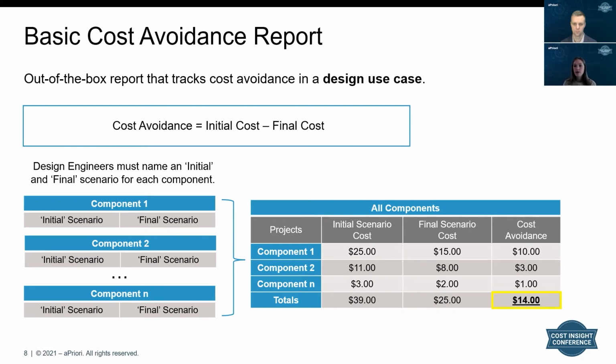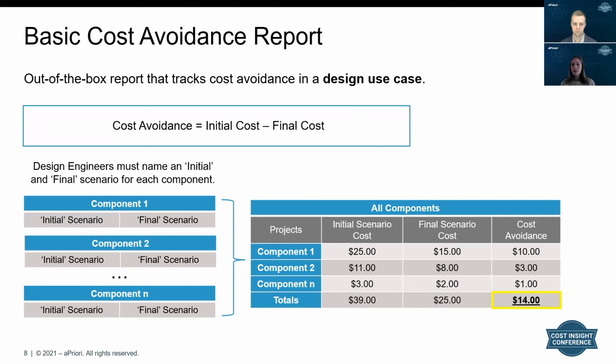The design engineer then saves the same component under a new scenario name called final, and proceeds with applying cost reducing and manufacturability feedback to the component. Then a customer's regular export schedule will move these tag scenarios to the reporting database, where the basic cost avoidance report will pick them up to calculate cost avoidance.